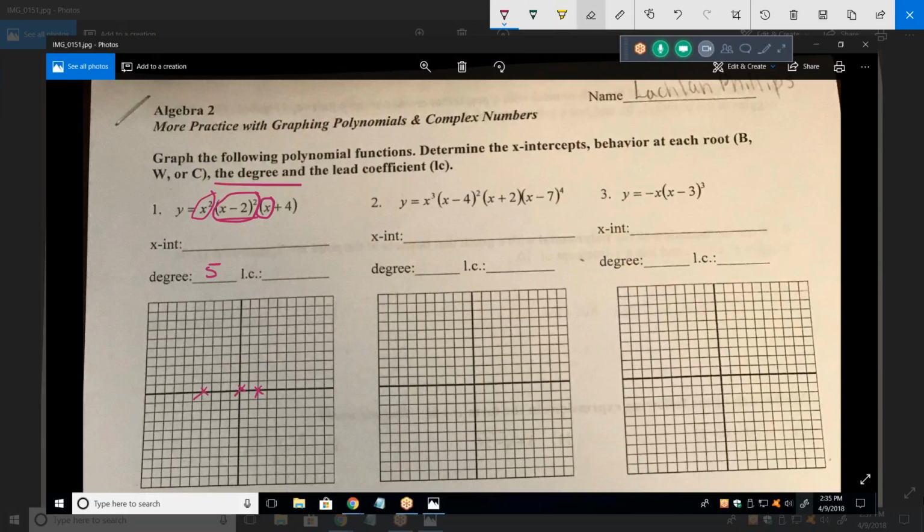It is a 5th degree equation. I do not have to multiply these all out totally to figure out what it is. I know that that is going to produce a first term of x squared, and when I multiply by x squared, I'm going to have x to the 4th, and when I multiply that by x, I'm going to have x to the 5th.